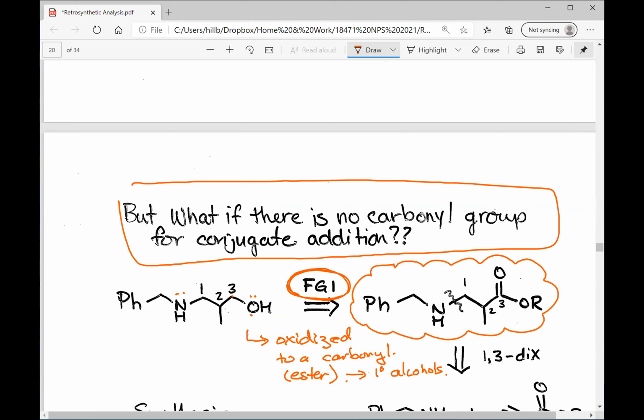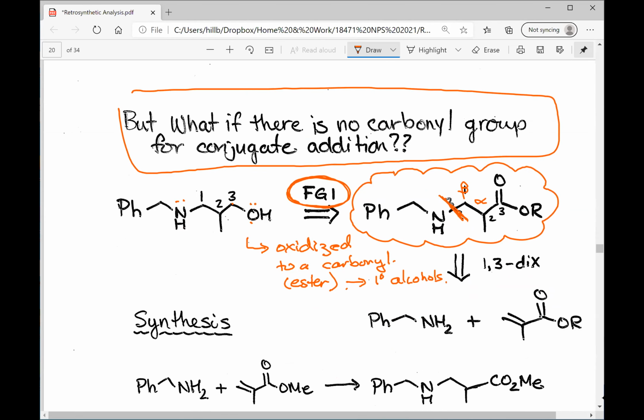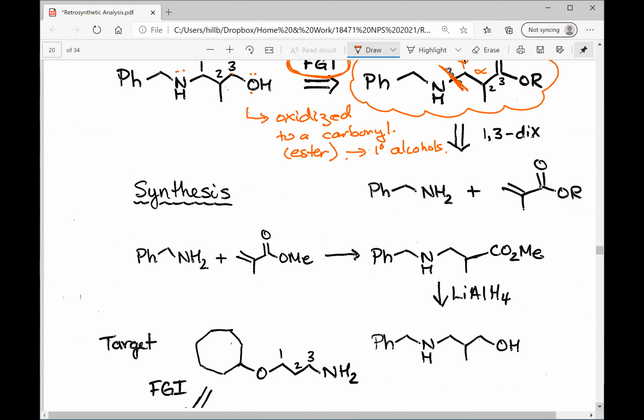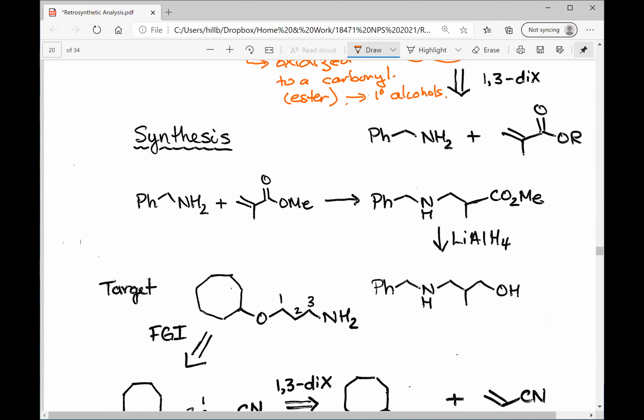You've got your ester on the alpha, beta carbon, break this bond, and you've got your enone and a primary alcohol. So if this was our synthesis, Michael addition 1,4, lithium aluminum hydride, and you've got your alcohol here.